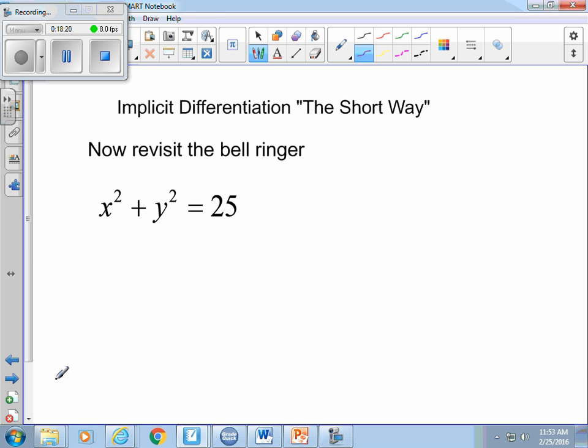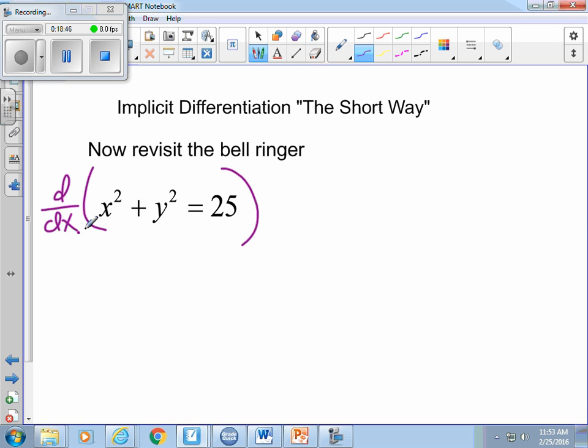Now, I want to revisit the bell ringer. The bell ringer wasn't terrible, but you had to solve for y and you had the plus or minus. It was a little strange. Instead of getting y by itself, I'm just going to take the derivative as it sits. As you know with equations, you can usually do an operator as long as you do it on both sides, right?